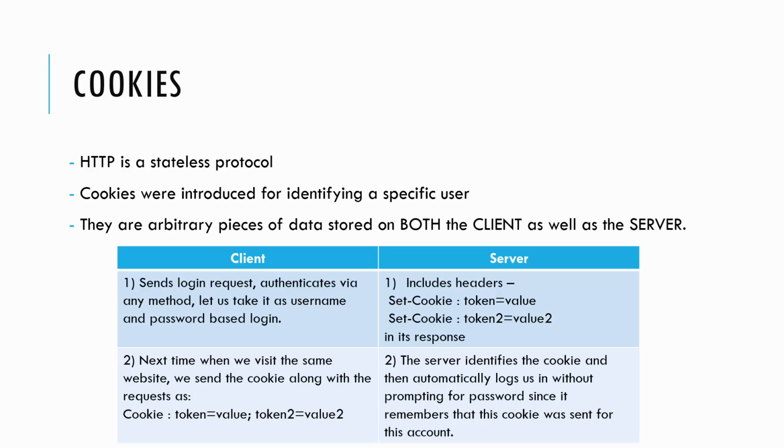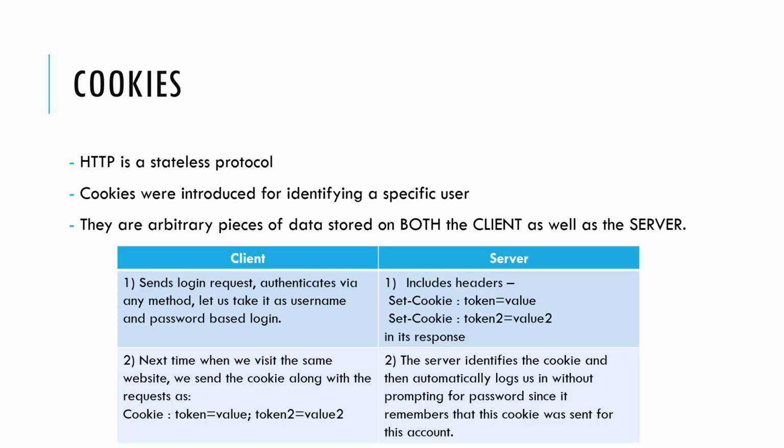So when we log in the first time, we are sent a cookie back from the Google server, which is in the form of a header saying Set-Cookie: token=value, and that value is some arbitrary data, and this is stored on our computer.